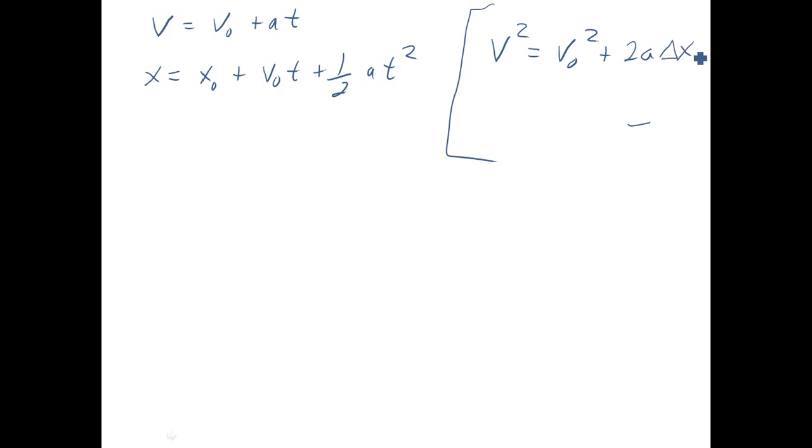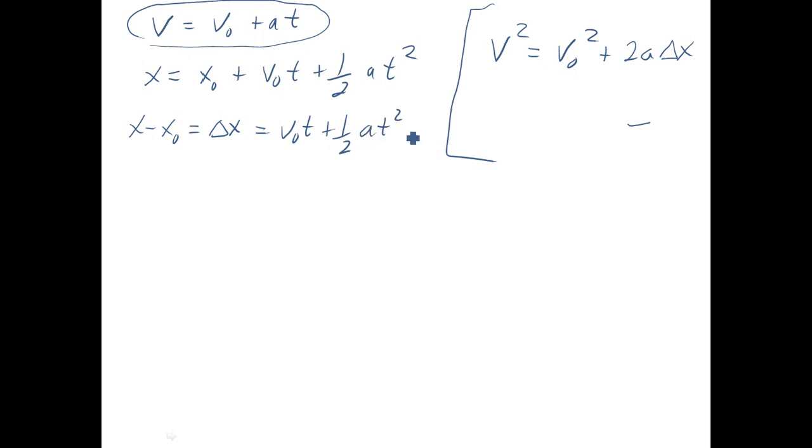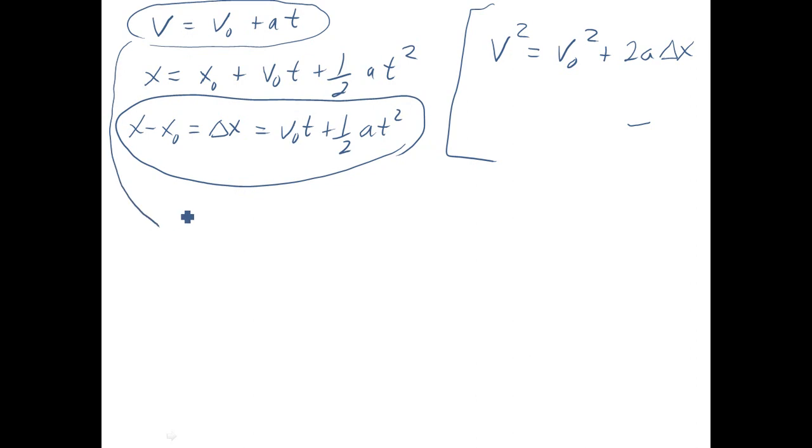Well, I can tell you if you take this, and actually if you leave this as x minus x naught, which is just delta x, as this. So if you take this guy and rearrange it, you can write this.